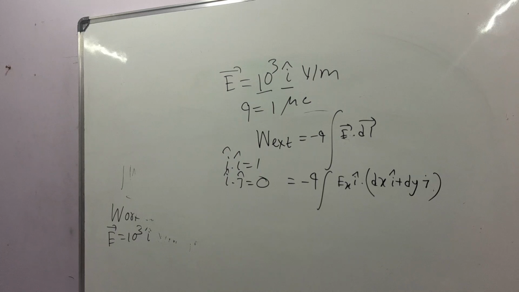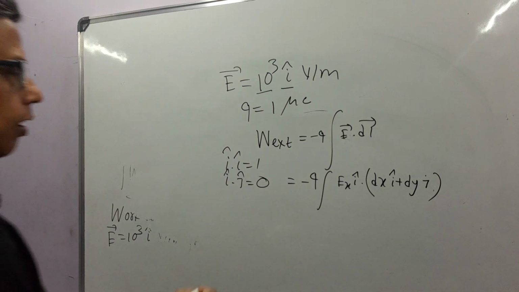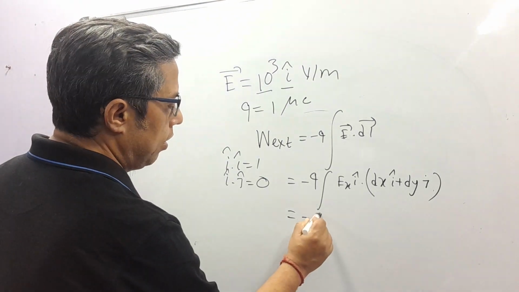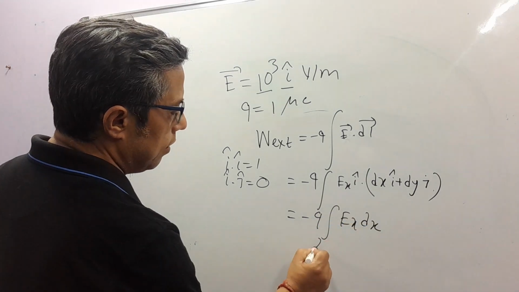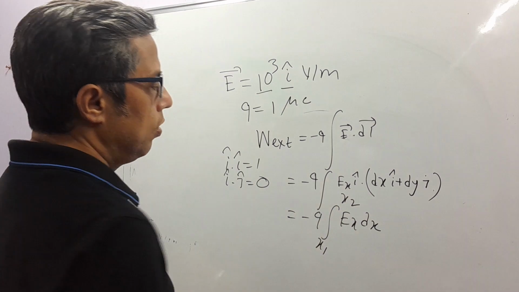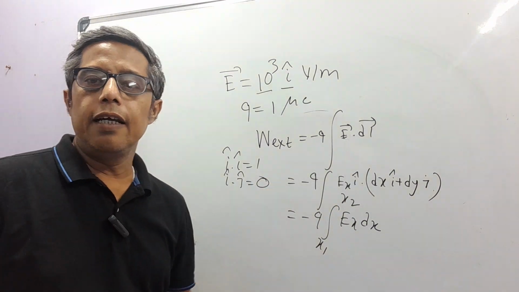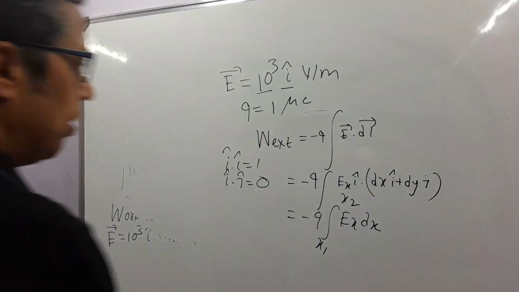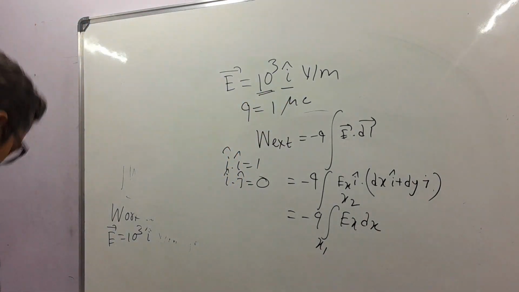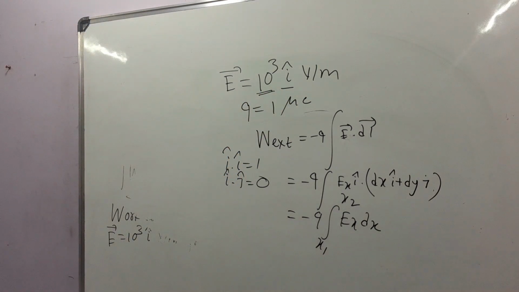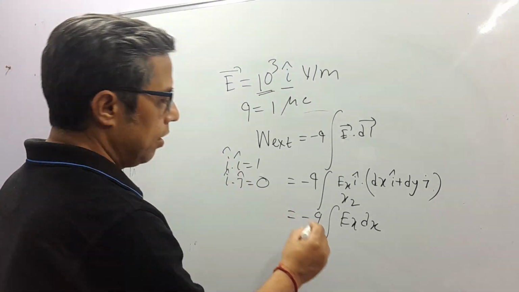So it will be only the x component here. So it will be minus Q Ex dx from x1 to x2. So movement will be in the x direction only, right? So Ex is this magnitude, and the points mentioned are 2 and 5.